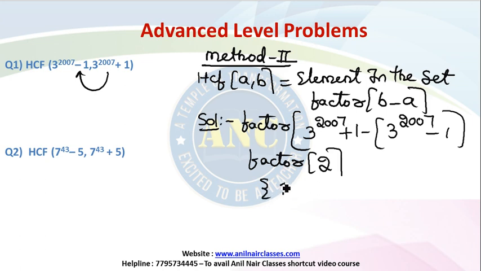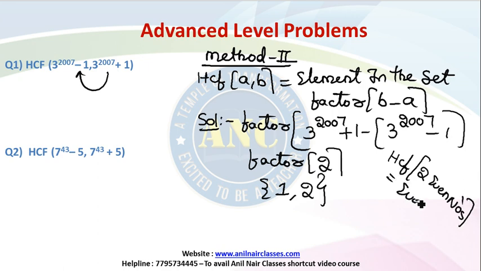What are the factors of 2? Factors of 2 are nothing but 1 comma 2. We already discussed one more concept: HCF of any two even numbers, the answer will be an even number.